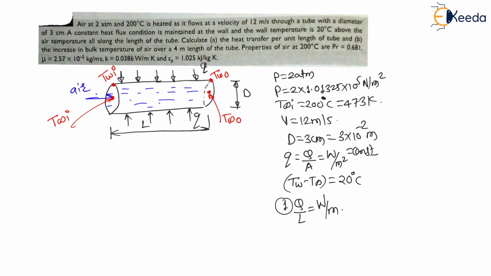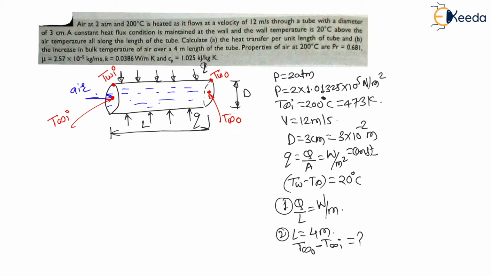If the length becomes 4 meter, they are asking the change in bulk temperature of air. The bulk temperature of air at inlet is T infinity I, at outlet is T infinity O. So they are asking this difference, T infinity O minus T infinity I. These two questions they are asking.